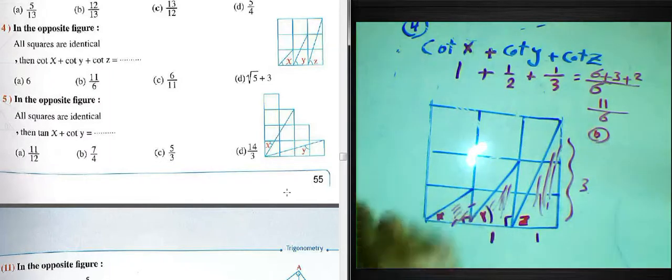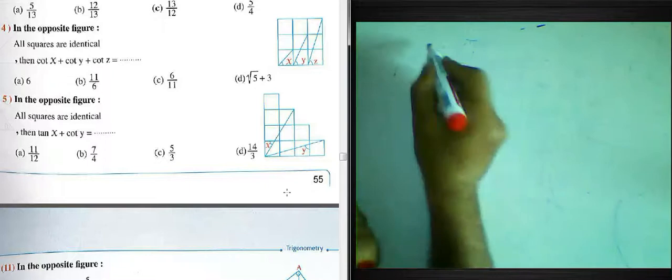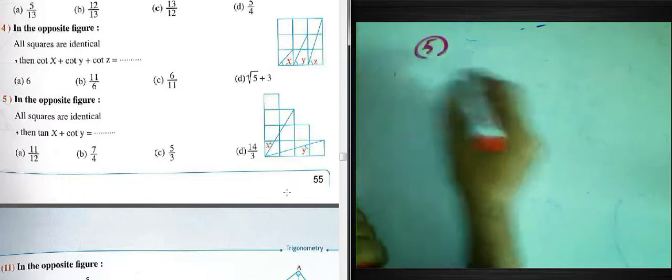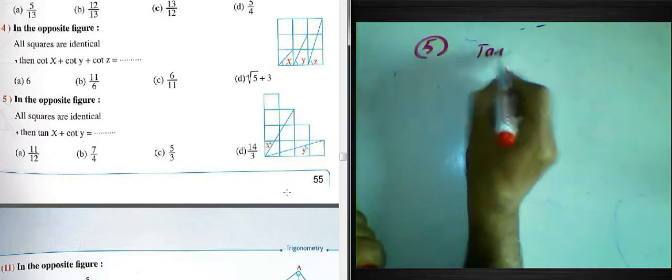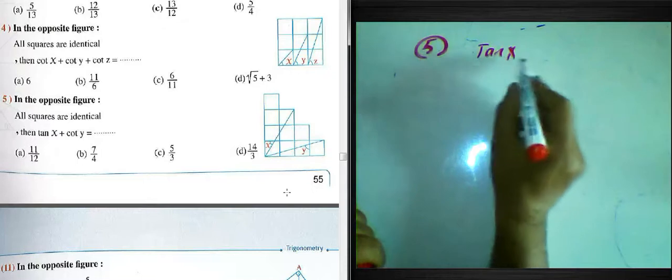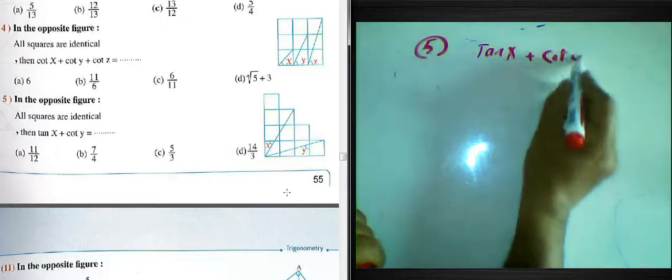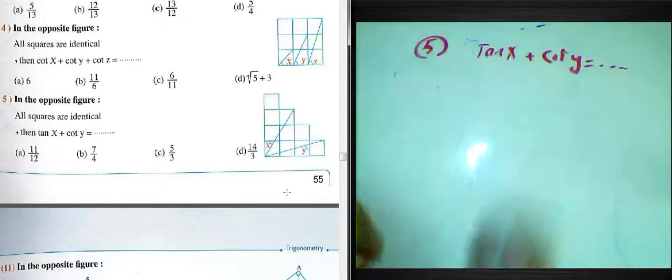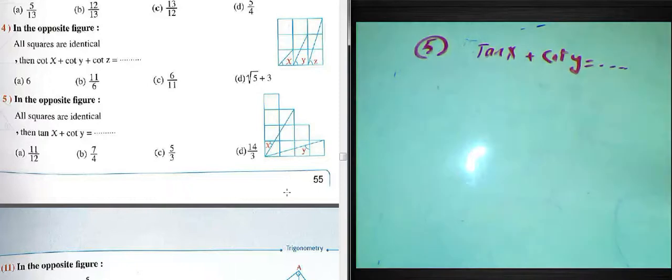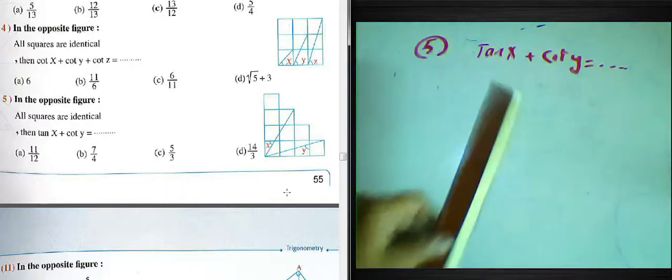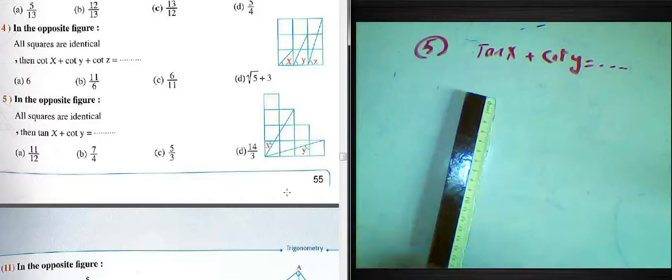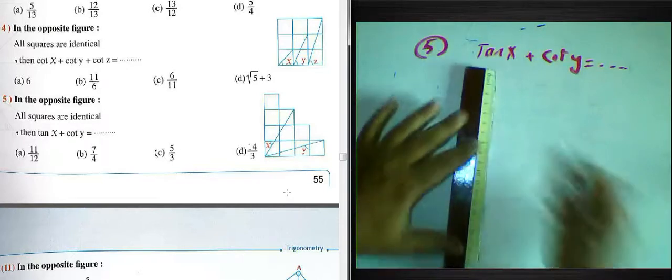And what about question number 5? Question number 5, in the opposite figure, you want to find tan x plus cotan y. First, look with me at the drawing. Here, I will draw it here.